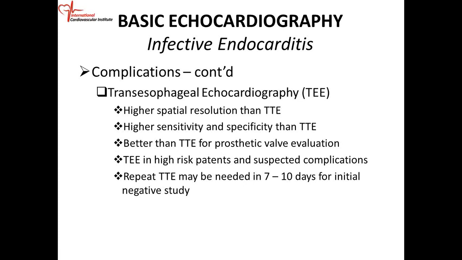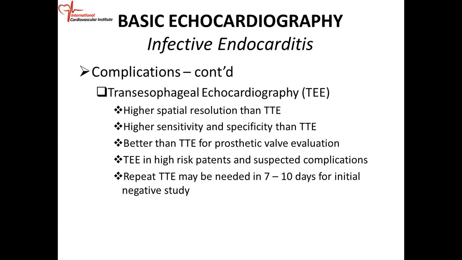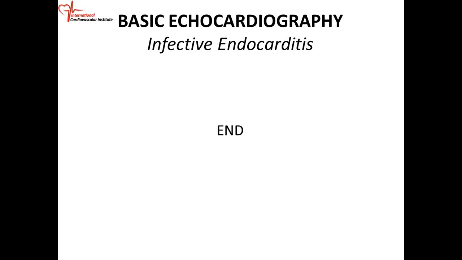So if your suspicion is very high, say you have a drug abuser, you hear a heart murmur, the blood cultures are positive, they look sick, and you did your initial transthoracic echo, you might want to repeat it a week or two later, because they may just be starting to form the vegetations. Once you give it time for the vegetation to fully develop, we can identify it.